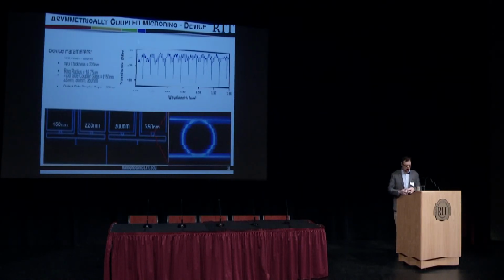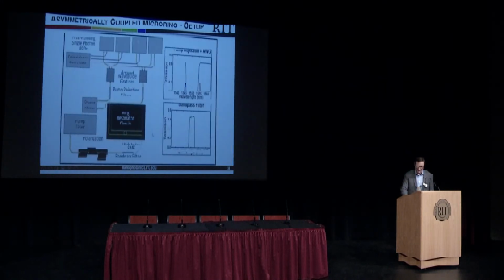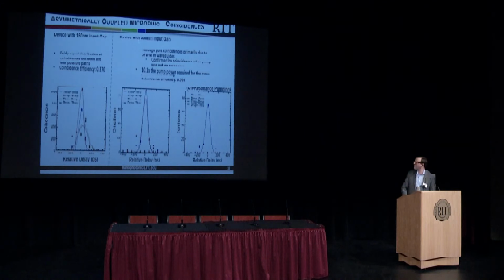So we looked at this by literally just changing the distance of the input sequentially through here. That would mean that we're going to have a harder time getting the pump into there, but we'll see the photons go the way that we expect, and that's exactly what we see here. This is a symmetric case where we see all four possibilities are roughly about the same.